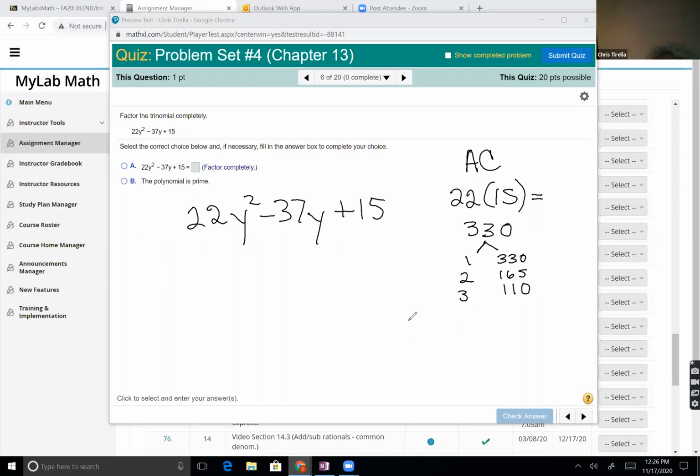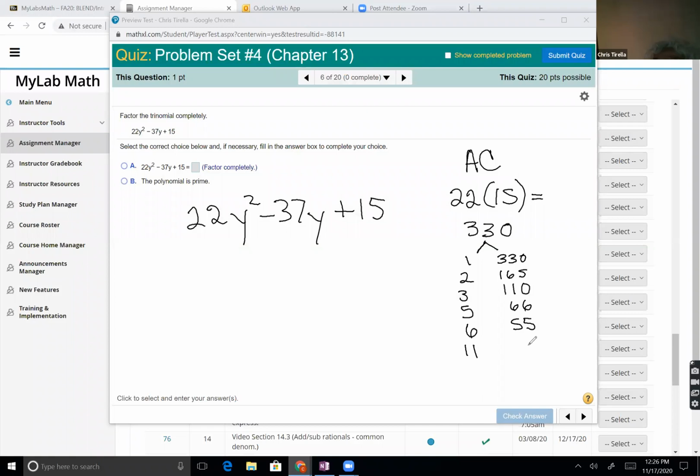I don't think 4 goes in there. Is 5 times 66, 6 times 55. I don't think 7, 8, 9, 10.